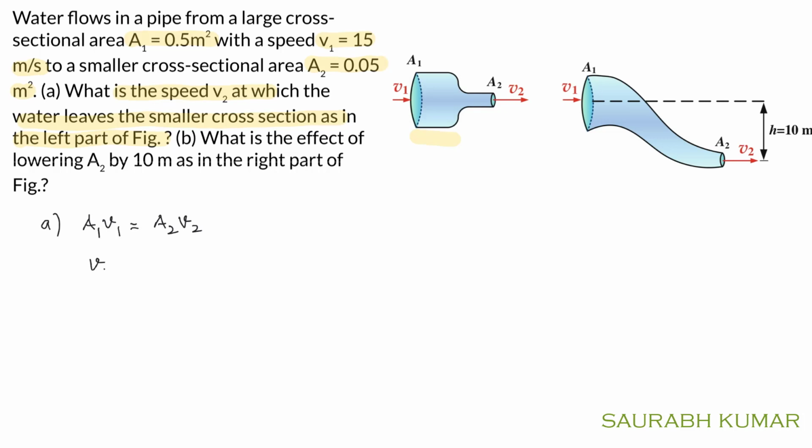So V2 is equal to A1 by A2 into V1. Substitute numerical values. A1 is 0.5 meter square, A2 is 0.05 meter square, and V1 is 15 meter per second.